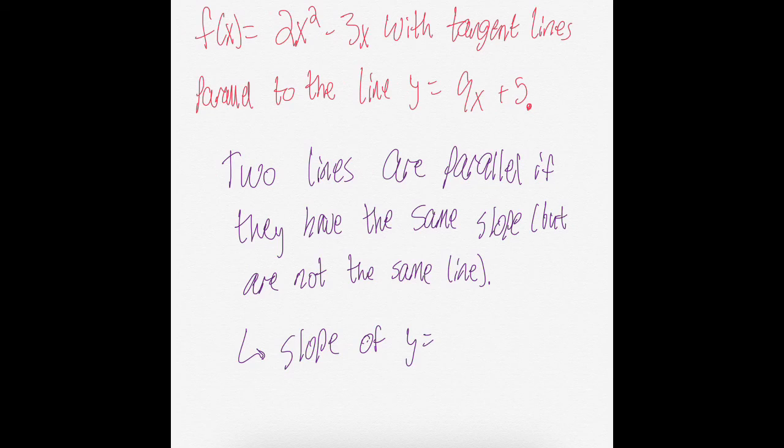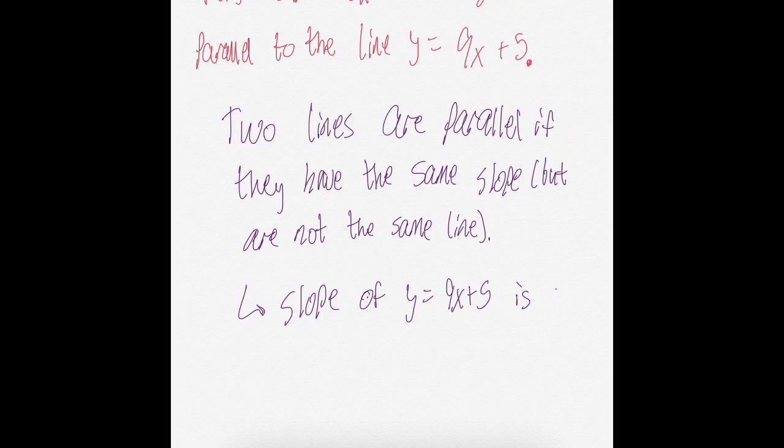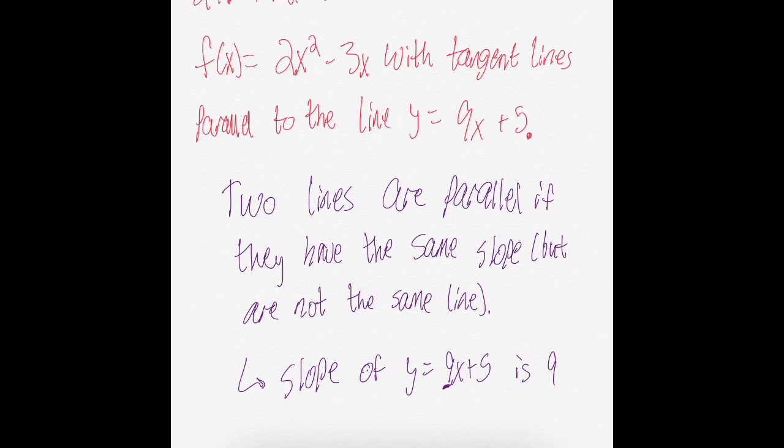Okay, so here, the slope of y equals 9x plus 5, well, this is in slope-intercept form. So it's 9, we can see it's just the coefficient of the x.